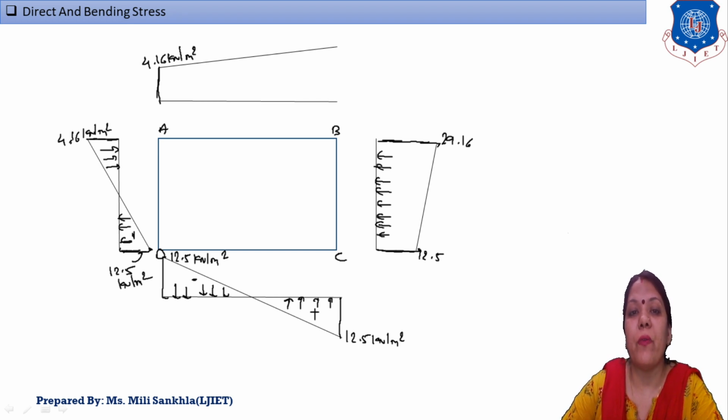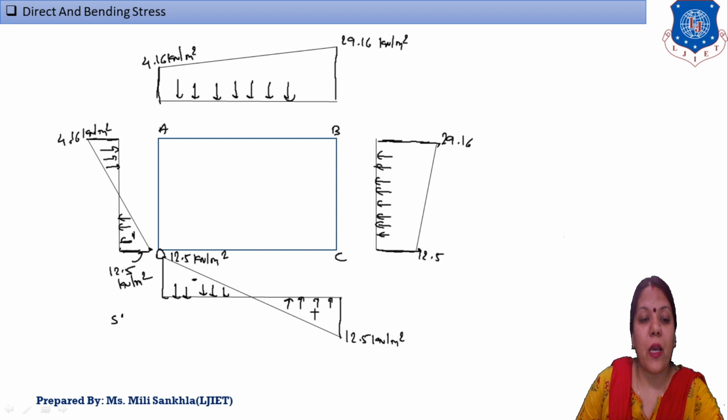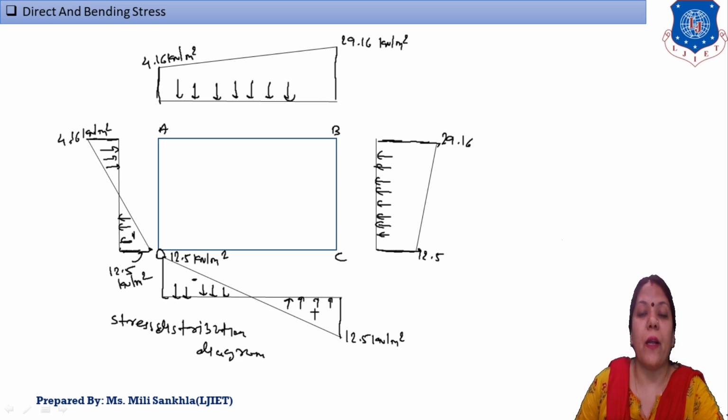At point B it is 29.16 kilonewton per meter square, toward the reference line. This diagram is known as the stress distribution diagram.